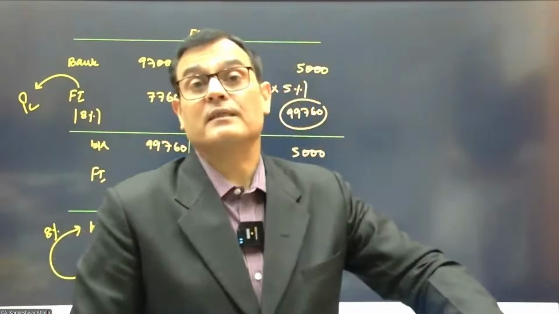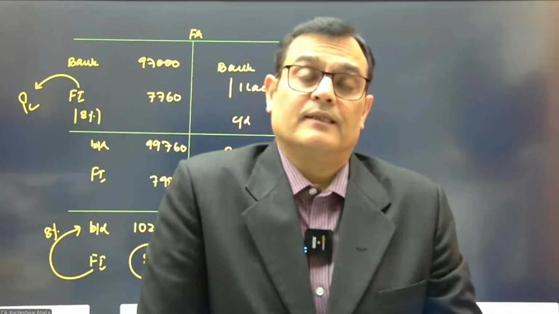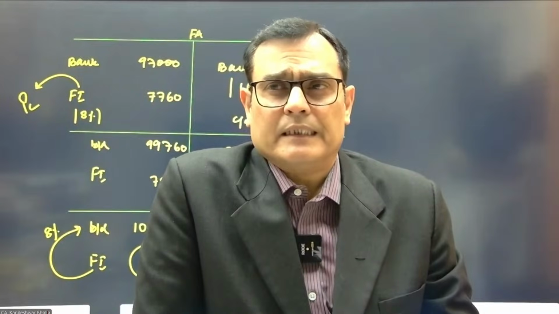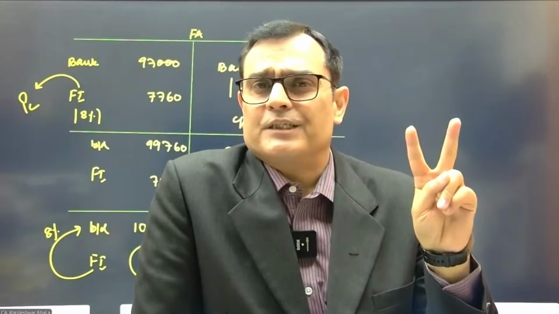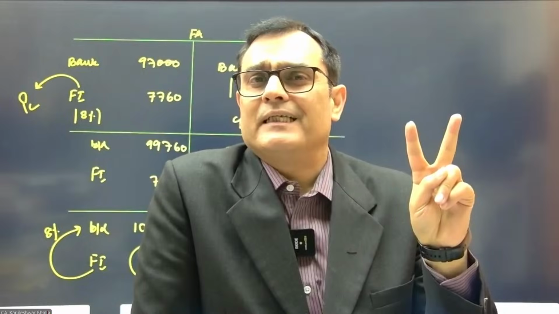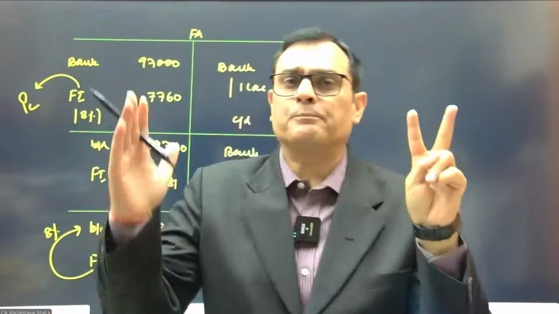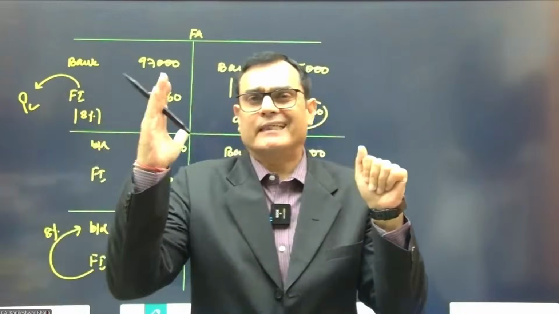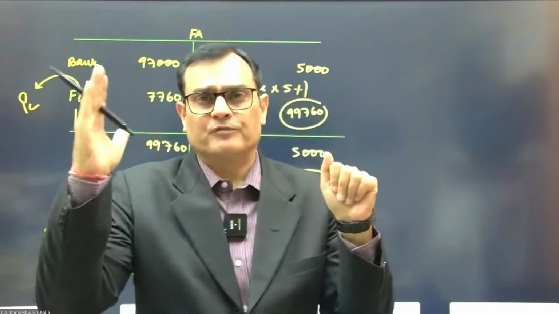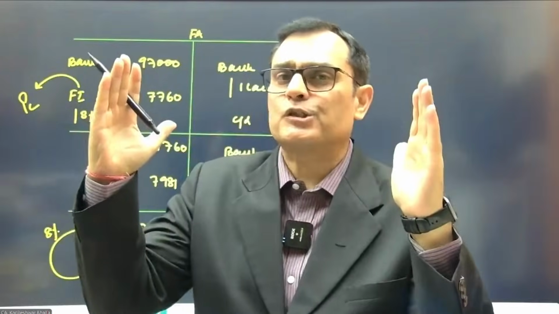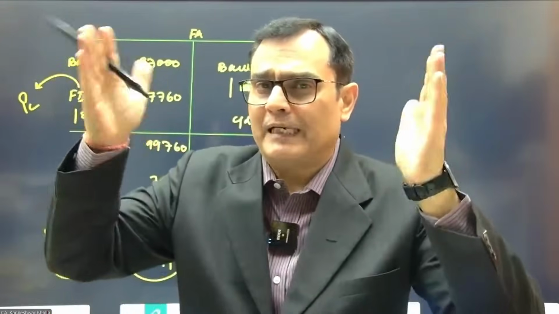Now let me ask you a basic accounting question. At the end of the day, do you think the credits in the P&L and the debits in the bank should match? If you record an income in the books of accounts, in the profit and loss, do you think the credits in the P&L over a period of time and the debits in the bank over a period of time should ultimately match?